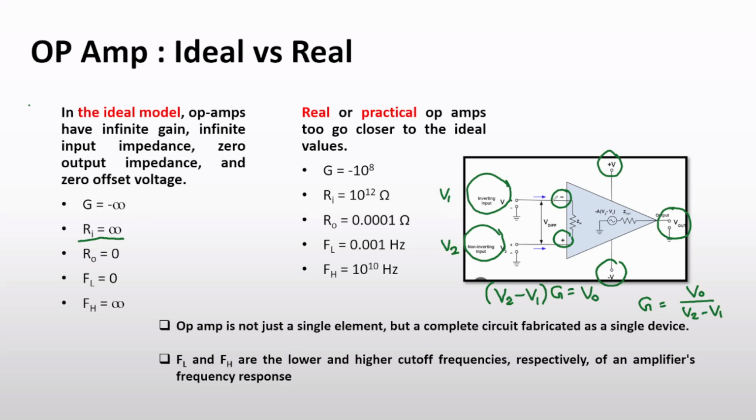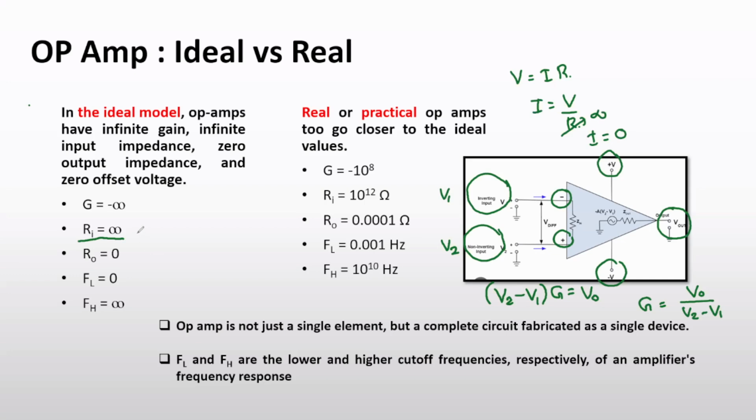In a conductor, V equals IR, so I equals V over R. If R is infinite, then I is 0.